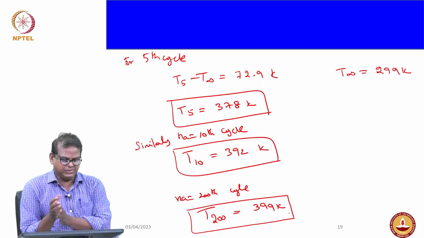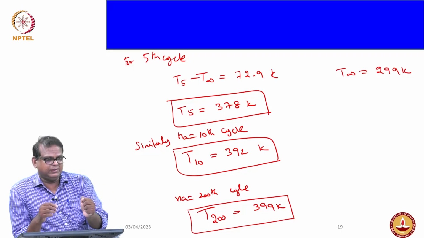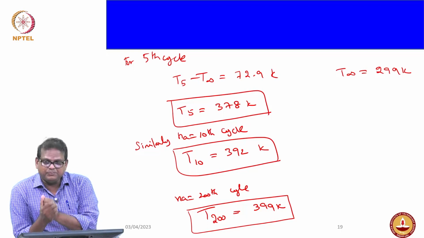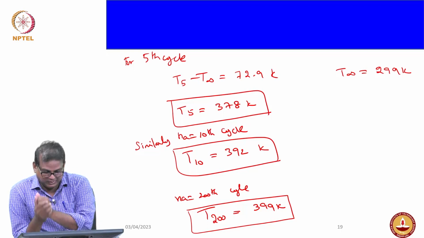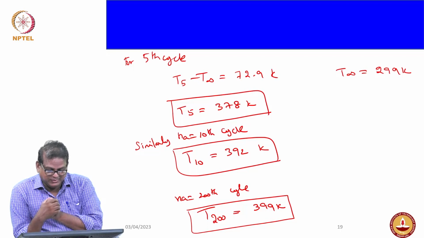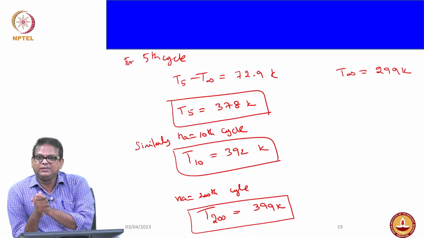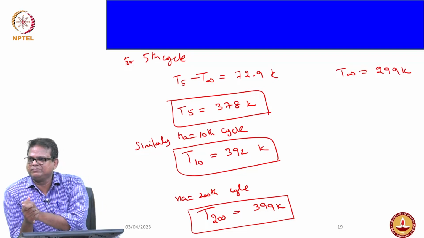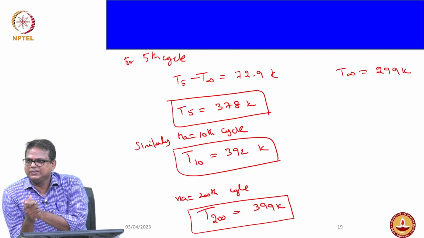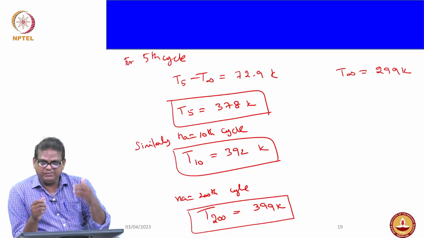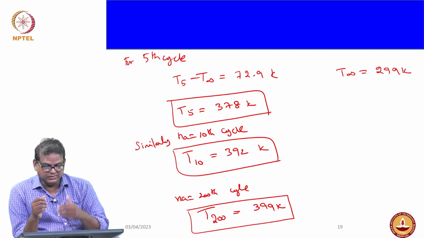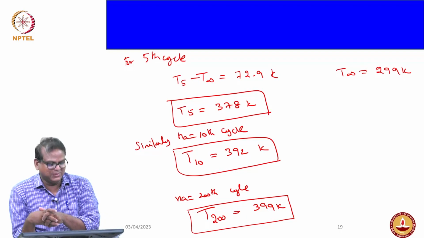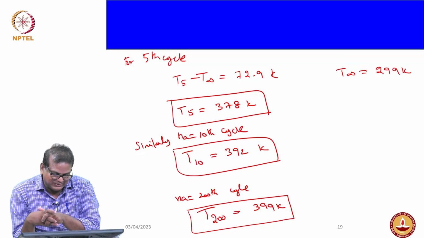So what is your observation? At the 5th cycle the temperature is 378, at the 10th cycle the temperature is 392 Kelvin, and at 200 cycles the temperature is 399 Kelvin.